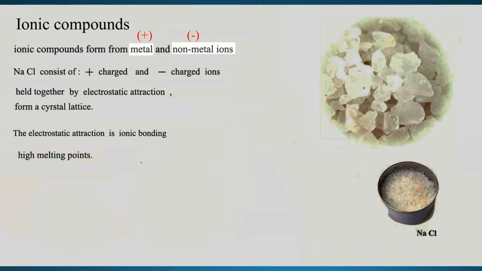Now I'm going to look at the ionic compound. What is an ionic compound? I hope students still remember an ionic compound comes from a metal reacting with a non-metal, forming positive ions and negative ions. As an example, NaCl consists of positive charge and negative charge.